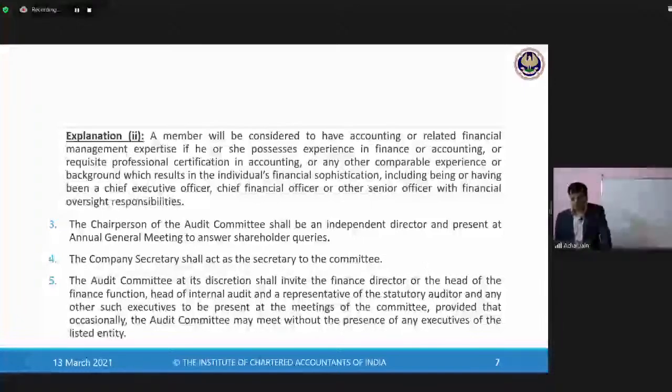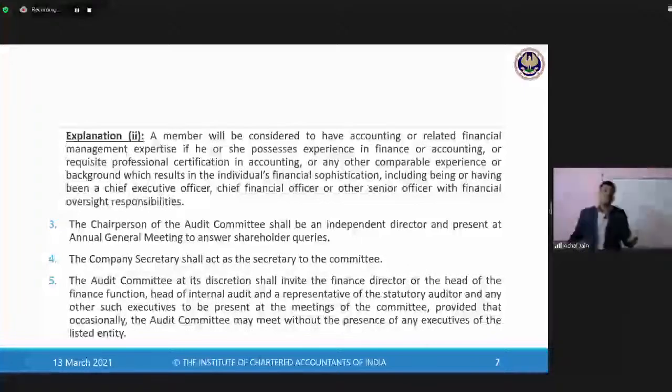The chairperson of the audit committee should be an independent director, and he shall be present at the AGM to answer the queries of the shareholders. The company secretary shall act as secretary to this committee.